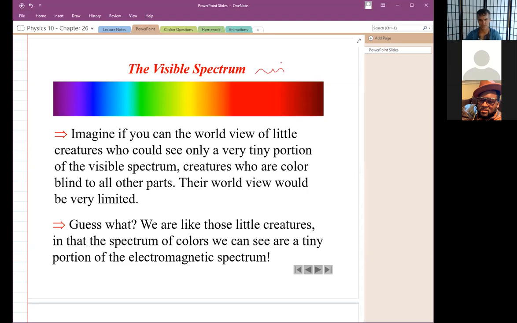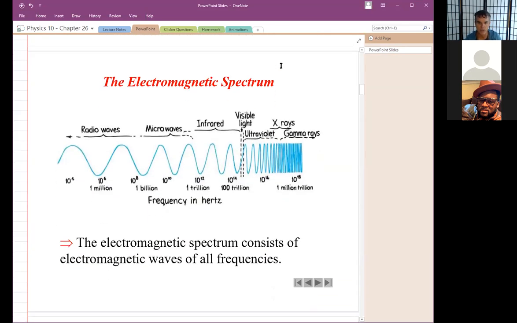Well, guess what? We are like those little creatures in that the spectrum of colors we can see are only a very tiny portion of the entire electromagnetic spectrum. Meaning, if I were to look at all the different kinds of light there are, and we'll talk a little bit about this later, we go all the way from radio waves, which have the longest wavelength and the lowest frequency, all the way up to gamma rays.